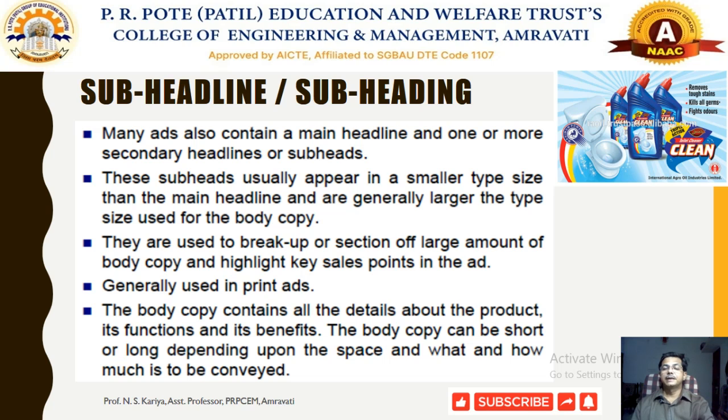So these subheadlines are useful to break different sections in the same advertisement using key points, particularly in print advertisements. The body copy contains all the details about the product. We are already familiar with the body copy, where complete textual information is given, and that can be broken up using your subheadlines also. So we need to specify the other functions and benefits with respect to those subheadlines also.